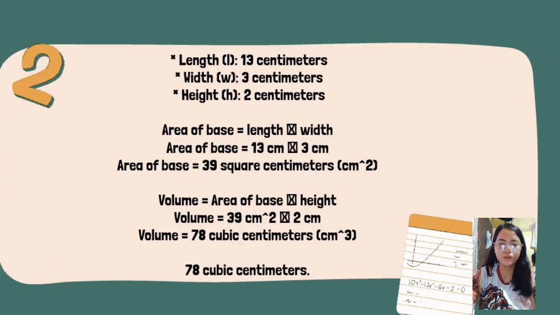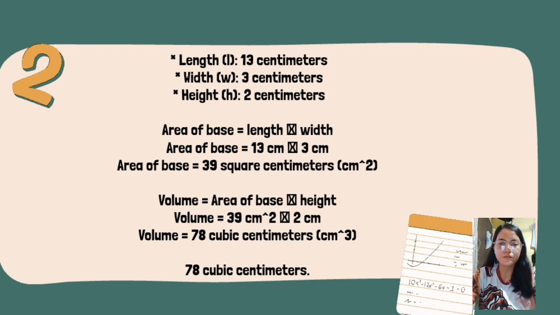Problem number 2: length is 13 centimeters, width is 3 centimeters, and height is 2 centimeters. Again, we start by finding the area of the base. Area of the base is equal to length times width. So, area of base is equal to 13 centimeters times 3 centimeters, which is 39 square centimeters.